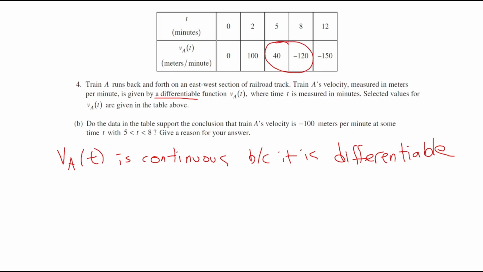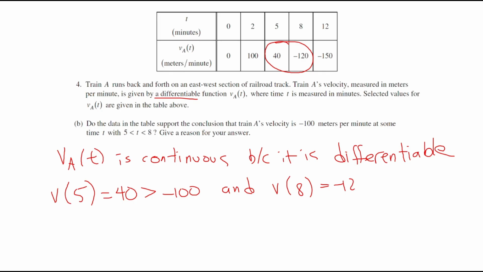And since at 5 it's 40, which is more than negative 100, and at 8 it's negative 120, which is less than negative 100, it must equal negative 100 somewhere. So we'll say that v of 5, which is 40, is greater than negative 100, and v of 8 is negative 120, which is less than negative 100.